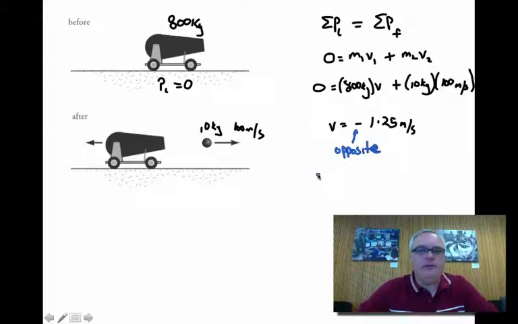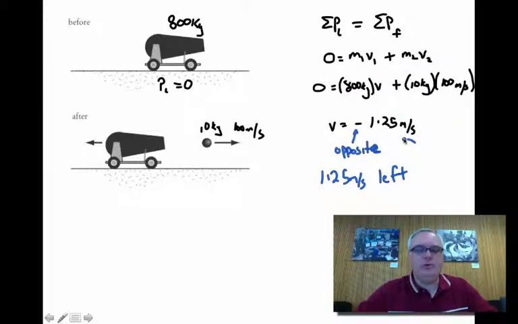So we could also say 1.25 meters per second to the left in this case. All right, so that's a basic one-dimensional law of conservation of momentum, comparing the initial momentum to the final momentum. This one was relatively easy because the initial momentum was 0.